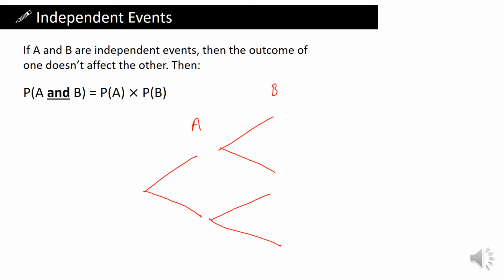And to work out the probability of something happening, say here, we would multiply this branch and this branch, and that would give us the overall probability of this outcome. So we saw that you can multiply down the branches to work out the final outcome of events A and B happening.